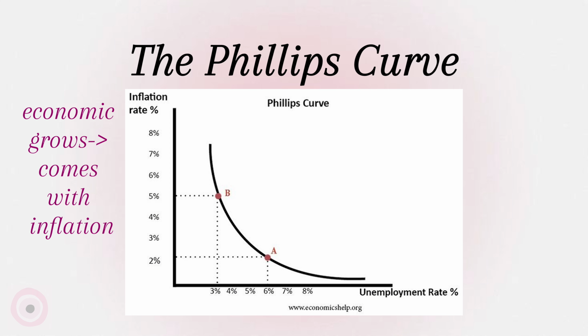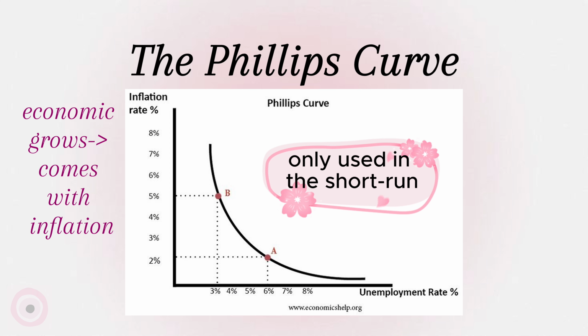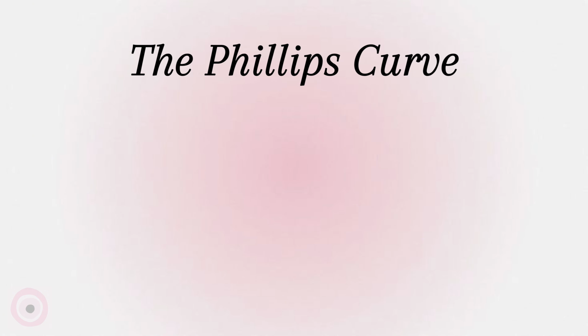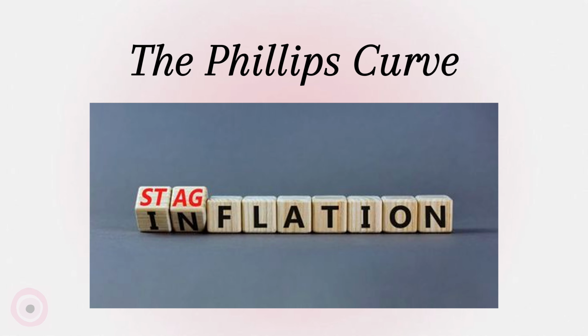Some policymakers thought that this could be exploited by fiscal and monetary policies, but the Phillips curve could only be used in the short run, not the long run. Because in the 1970s, for example, the US experienced stagflation, the view of the Phillips curve changed.